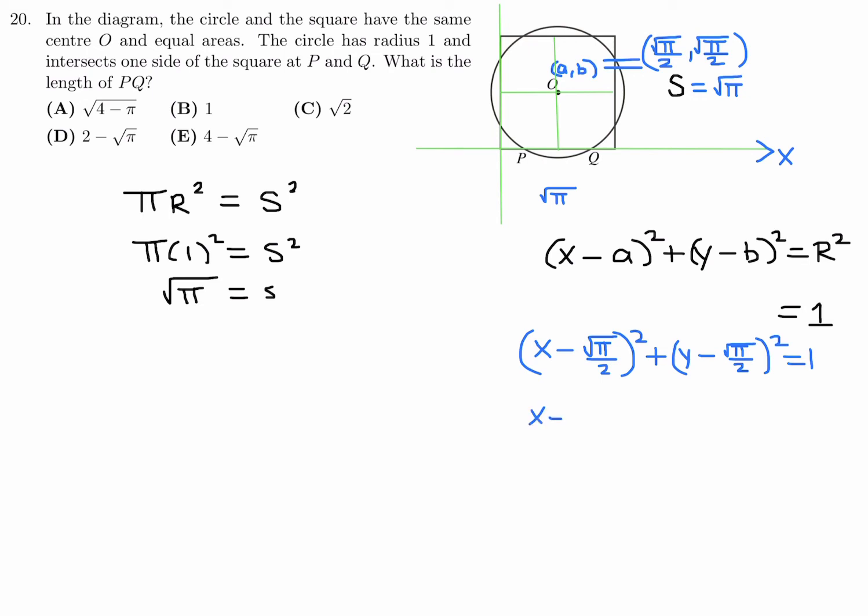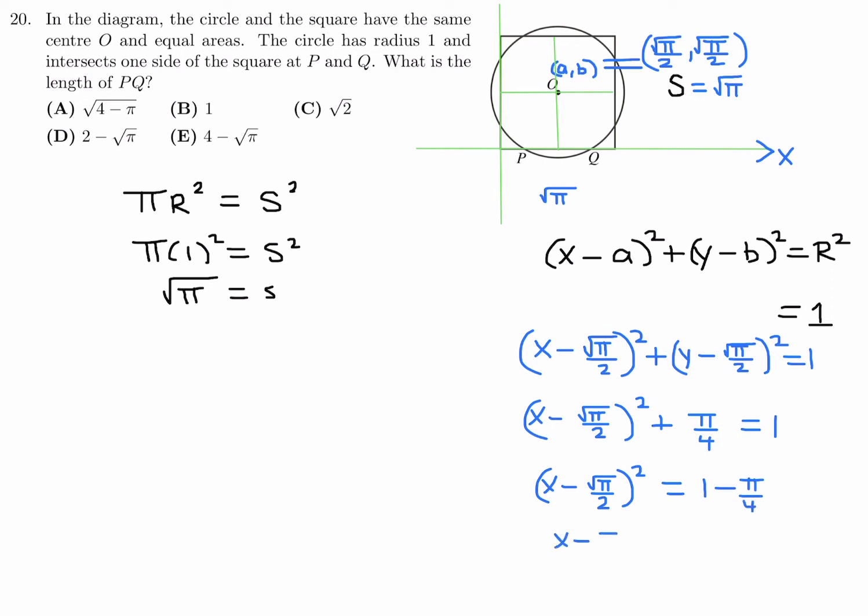So this becomes (x minus root pi over 2) squared, and if y is 0, we can just square that, and that becomes pi over 4, like that, is equal to 1. So (x minus root pi over 2) all squared is equal to 1 minus pi over 4.